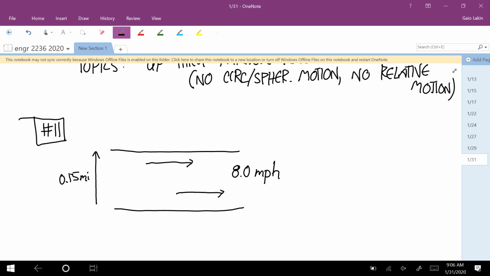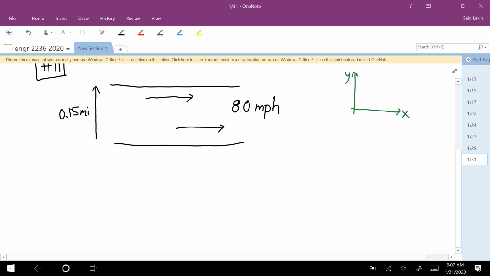And the person is going to be going perpendicular to that. So the person's going to be trying to swim straight across.